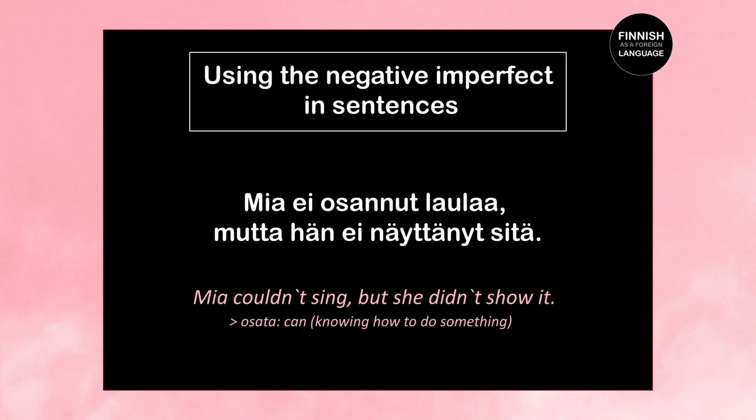Mutta means but. Hän, he or she. In this case here it's she. Ei näyttänyt is the third person singular negative imperfect of the verb näyttää, which means to show. And sitä here means it, the partitive of se. So let's repeat. Mia ei osannut laulaa, mutta hän ei näyttänyt sitä. Mia couldn't sing, but she didn't show it.